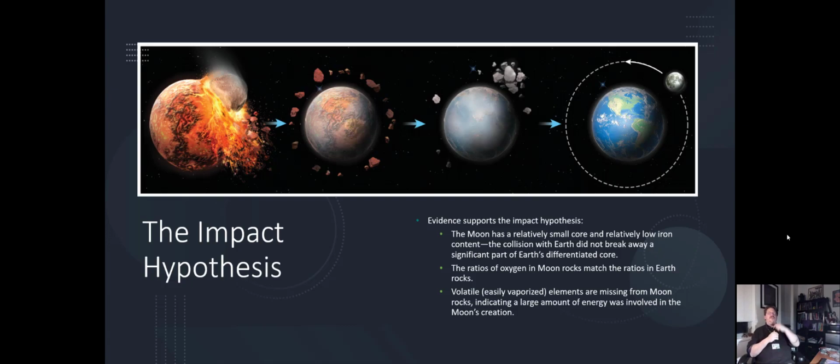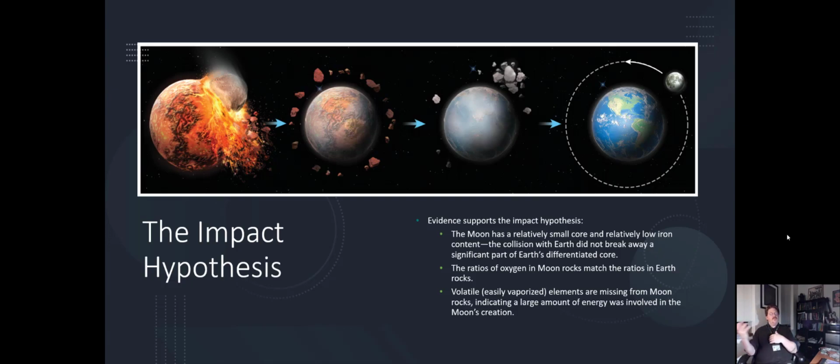This material then flies off from the Earth, but not fast enough that it escapes the Earth's gravitational influence, and then forms something of a disk around the Earth, and then essentially that material coalesces into the moon.